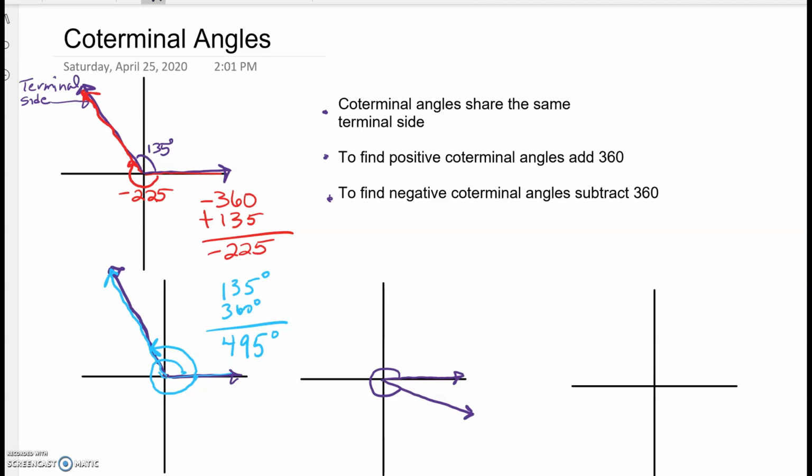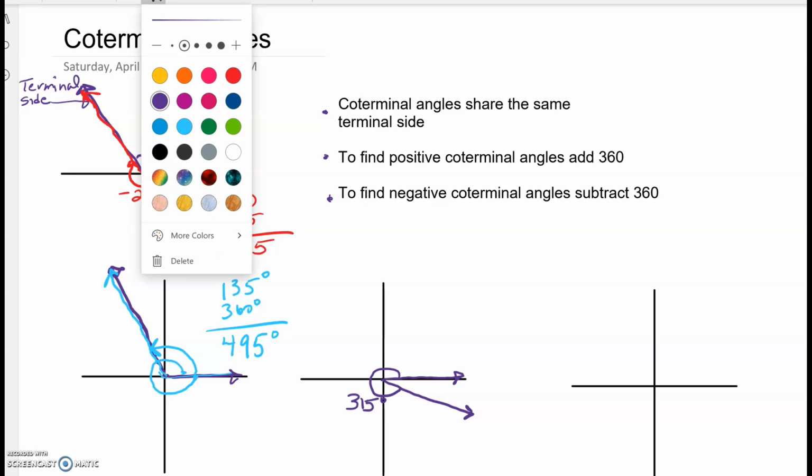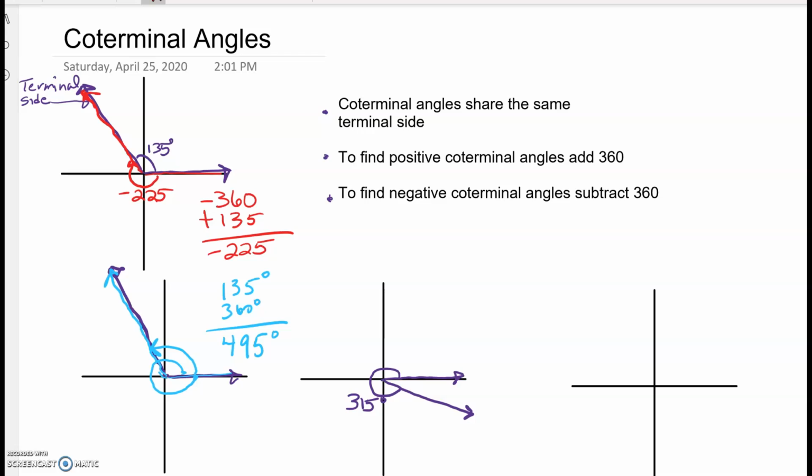That's probably a lot further than 315, but we're just going to go with it. So the question is, what would my negative coterminal angle be?